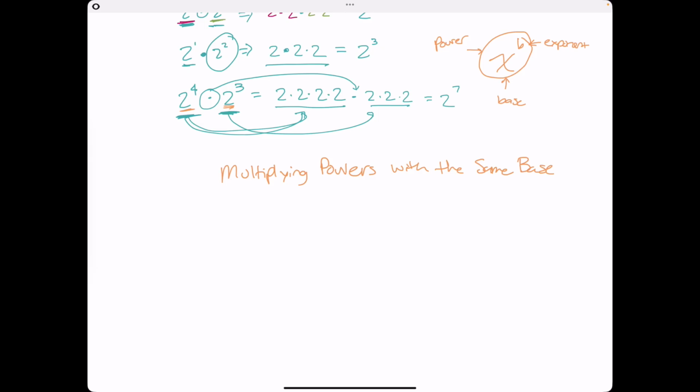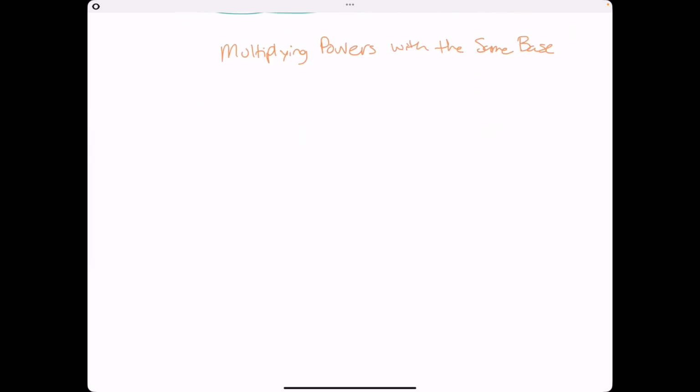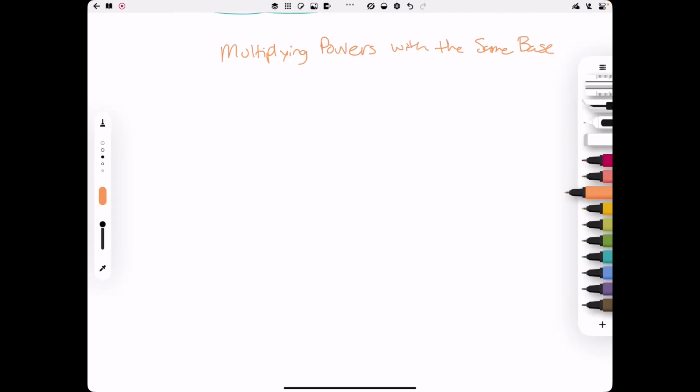Okay? All right. So multiplying powers with the same base. For every non-zero number a, because we're talking algebra, and integers m and n. What are integers again?